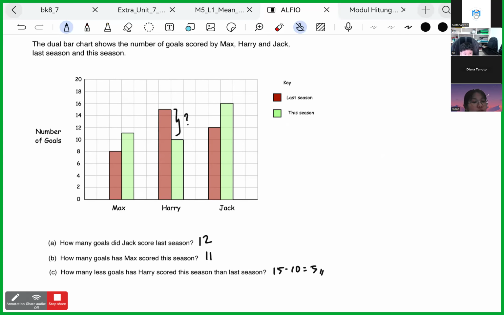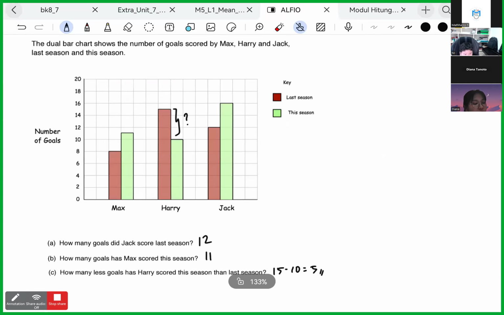Okay, I want to give you another question. Okay, how about how many goals did Harry score last season? How many goals did Harry score last season?